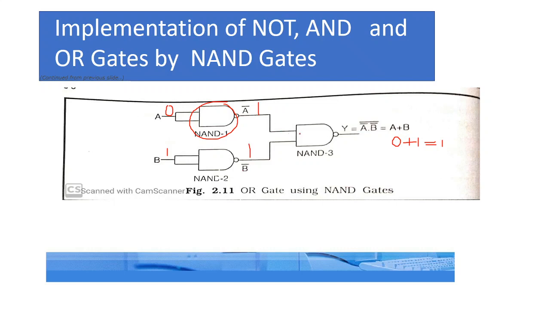When this 1 and 1 is applied to NAND gate 3, the output is (1 dot 1) and its complement, which is 1 bar, equal to 0.